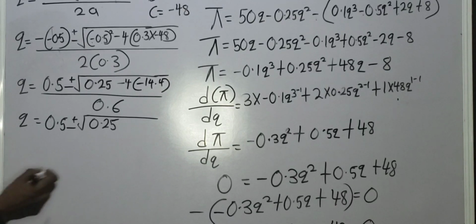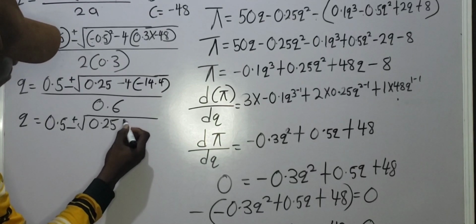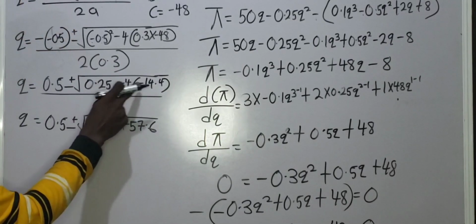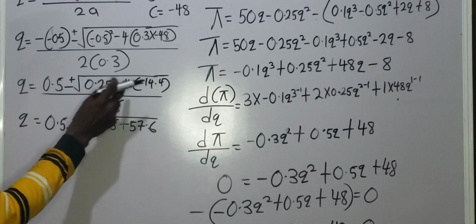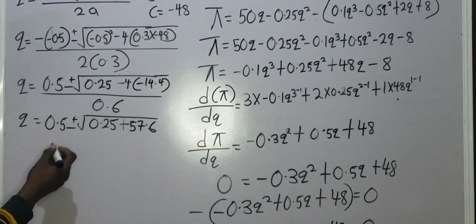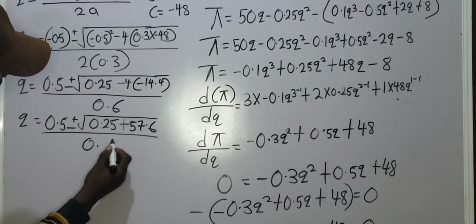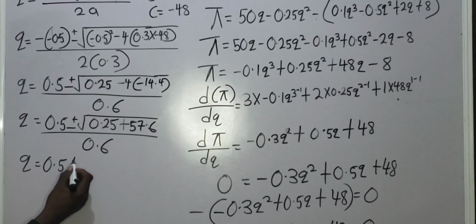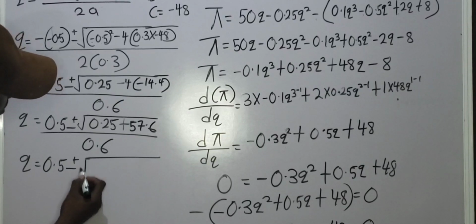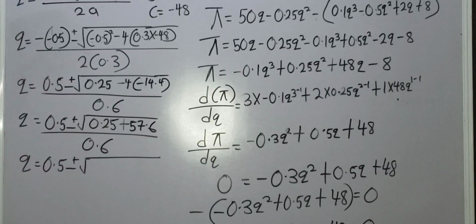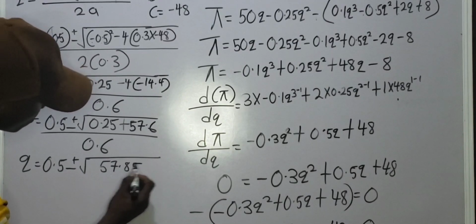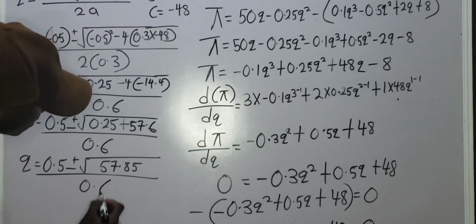That will be plus 57.6, because minus multiplied by minus is positive, and 4 multiplied by 14.4 is 57.6, all over 0.6. Okay, so q is equal to 0.5 plus or minus the square root of 0.25 plus 57.6, that is 57.85, square root of 57.85 all over 0.6.